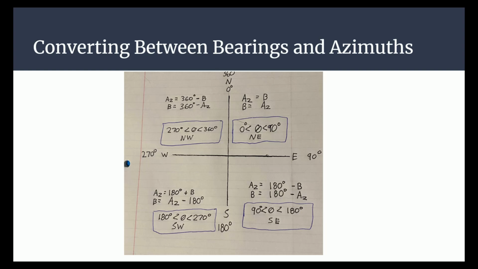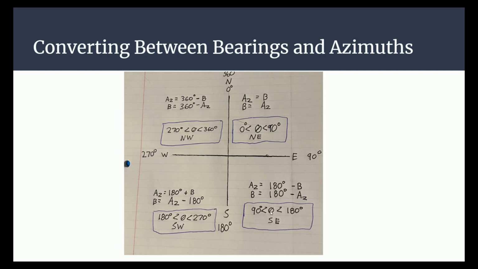Converting between bearings and azimuths, you can just follow this quick little guide. You find out where your azimuth or bearing is at. Determine if we're given an azimuth or a bearing. Convert it based off its direction. If it's southeast, we follow this rule.